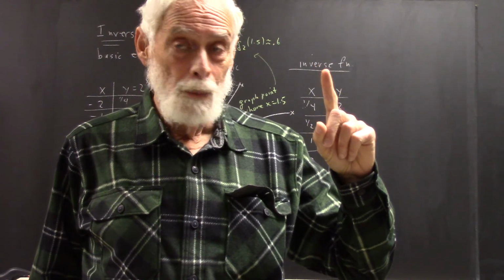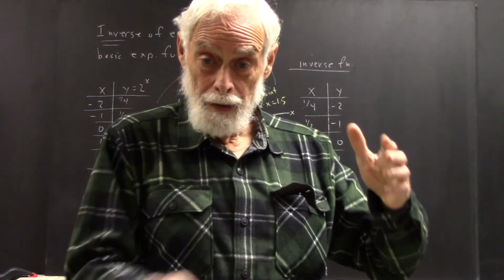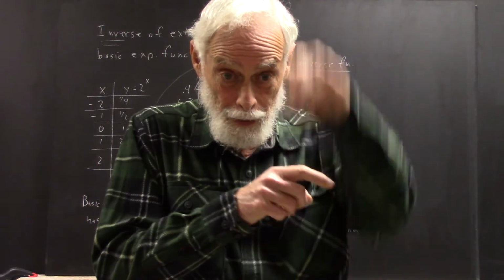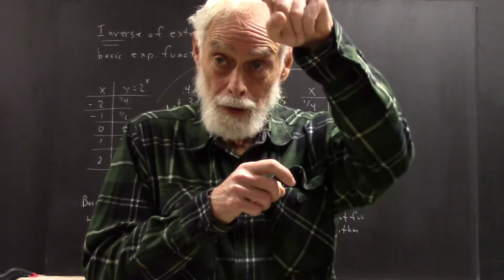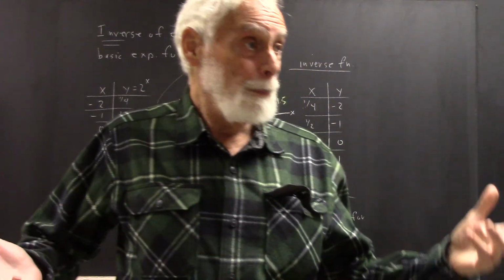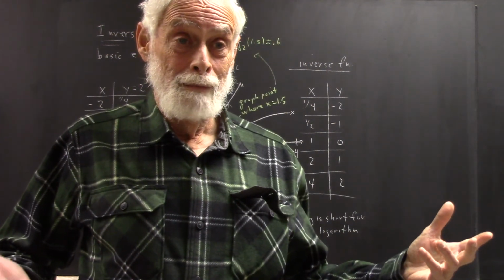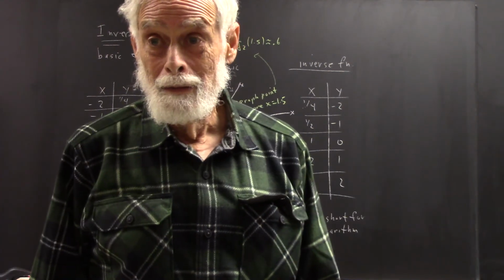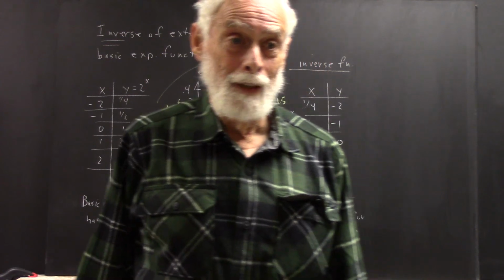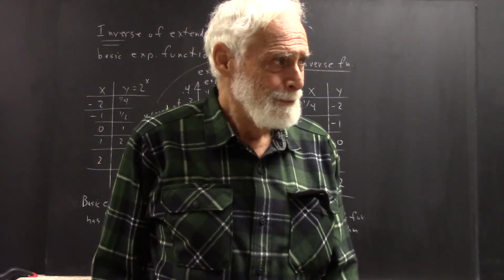Okay? Well, if you do the inverse of this thing, you get this thing. And for a given x, there's a point up here and a point down here, right? You know what you do about that? Take half of it and throw it away. Okay? Not complicated at all.